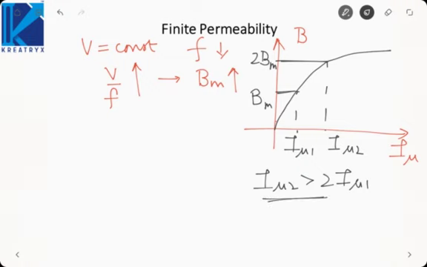Why is it so? Because of the saturating nature of the curve. If the curve was a straight line, then the ratio of change in y would be the same as the ratio of change in x. But the curve is not linear, so the increase in magnetizing current is pretty large. And as I told you, magnetizing current is undesirable. Again and again I am telling, magnetizing current is undesirable.